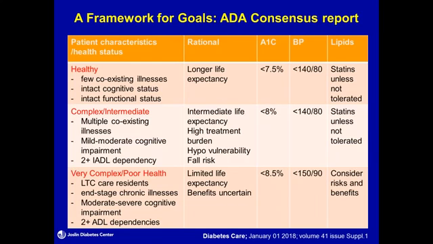So actually, the American Diabetes Association has created a framework depending on the life expectancy of a subject in this cohort. If they're healthy and have a long life expectancy, then we should treat them as adult patients, with an A1C goal of less than 7.5%, and blood pressure and lipids as we manage adults.